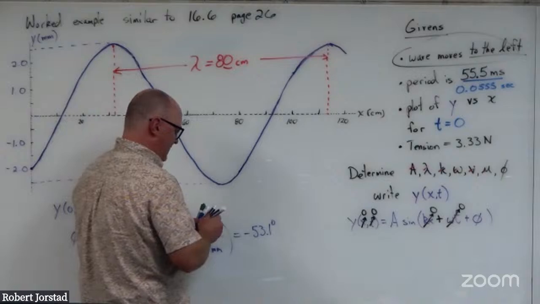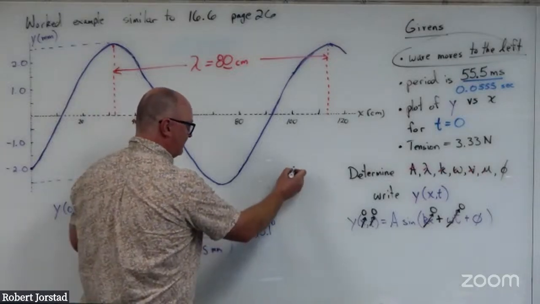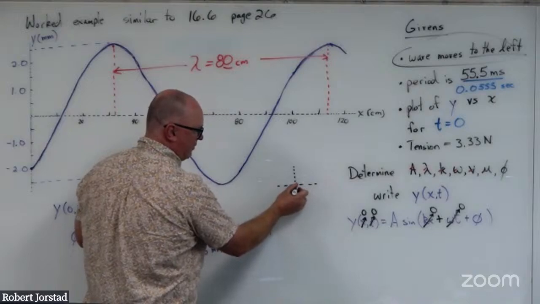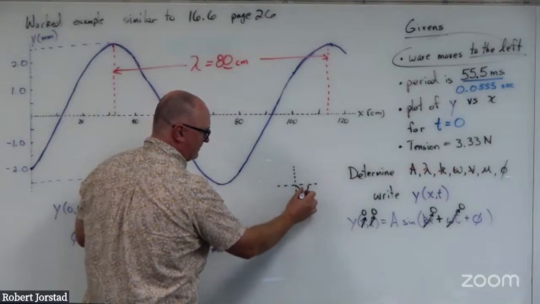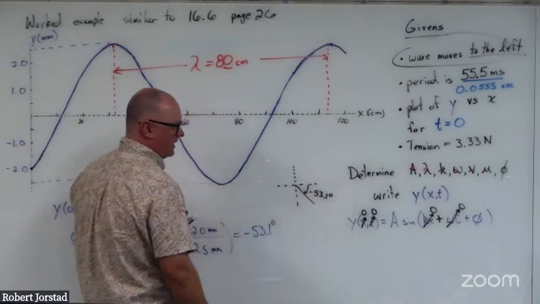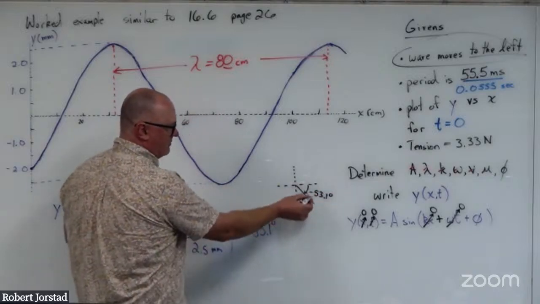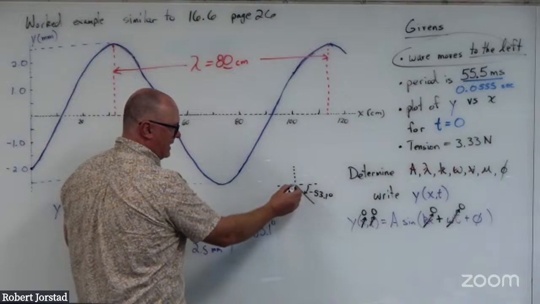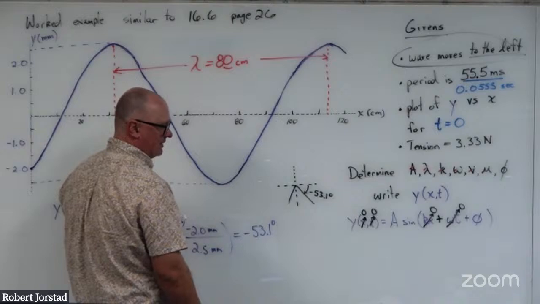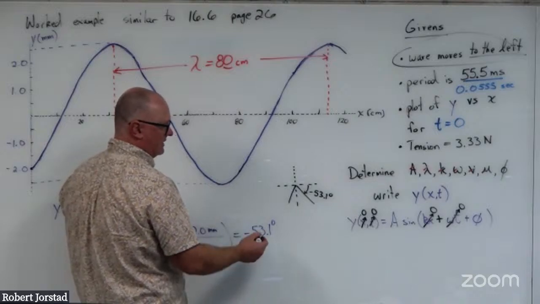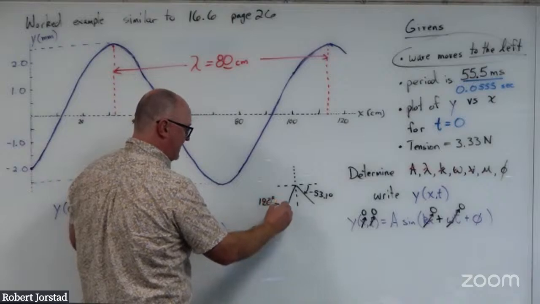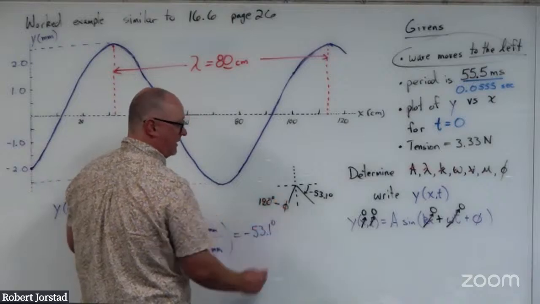So I'm just going to draw a quick visual here. -53.1 is maybe right here. Notice the vertical component is negative. The other angle, which gives me that, is right here. The trick to getting this is you take 180 degrees minus your other result.